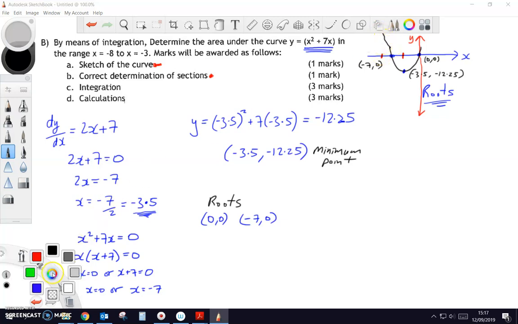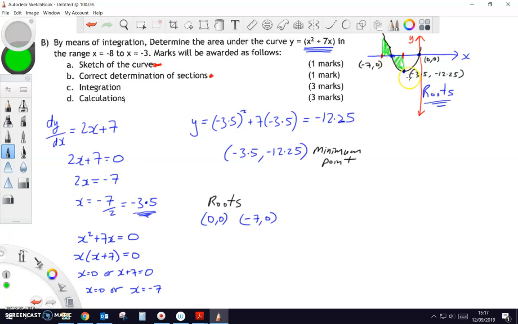So our sections, this is proving to be a bit small, we can redraw it maybe. This is one section here, from x equals minus 8 to x equals minus 7. That's where the graph is positive, it's above the x-axis. And then as x gets more positive, from x equals minus 7 to x equals minus 3, we're interested in this bit of the graph here.